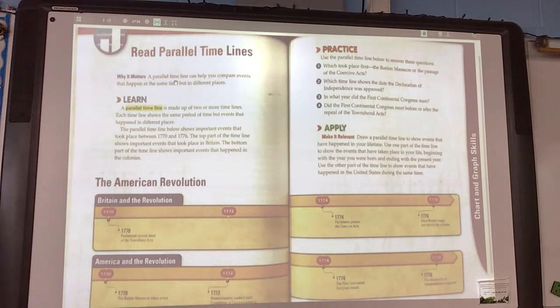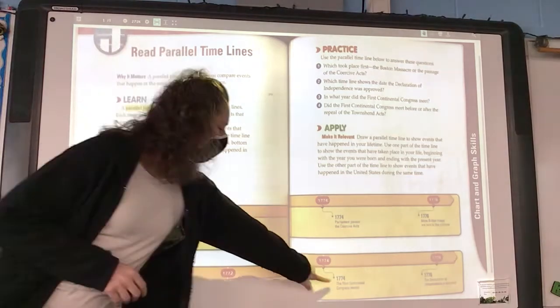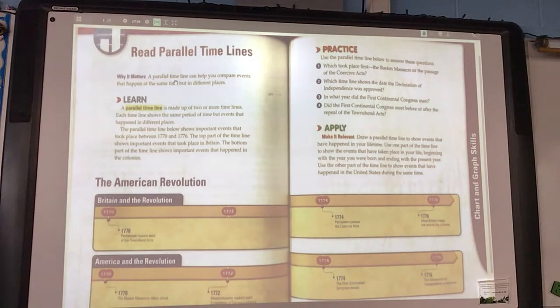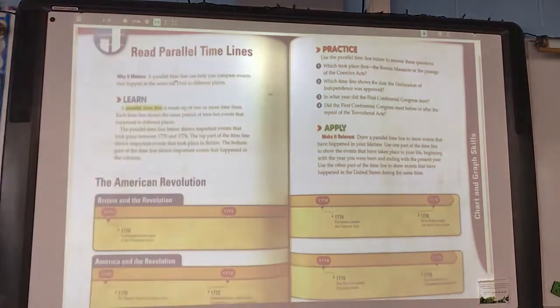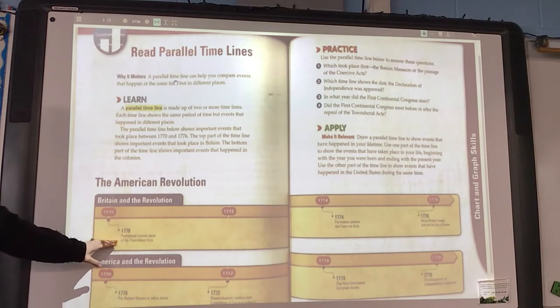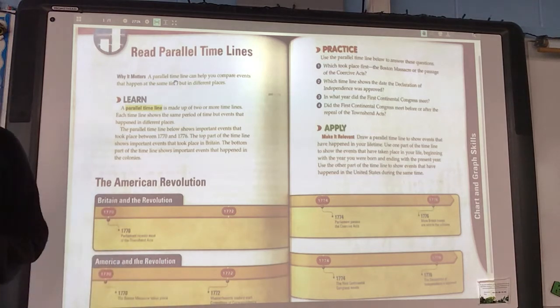Emmy? 1774. Yep, 1774 right here. And then we have number 4. Did the First Continental Congress meet before or after the repeal of the Townshend Acts? So we know the First Continental Congress is here. And here is where Parliament repeals most of the Townshend Acts. So did it happen before or after?